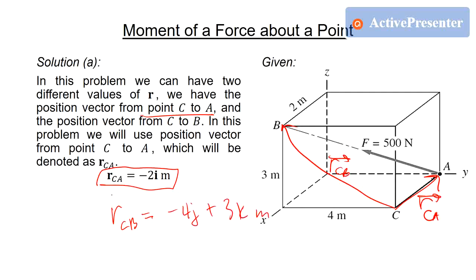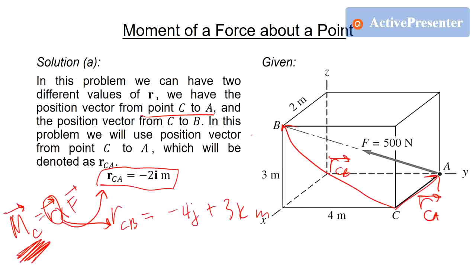The answer is yes, you will get the same answer of MC, which is R cross F. If we use R right here with this one or this one, you will get the same answer of moment of C, because the moment of a force about a certain point will not change even though we use different values, because the distance of the line of action of the force about point C will not change in this particular problem.